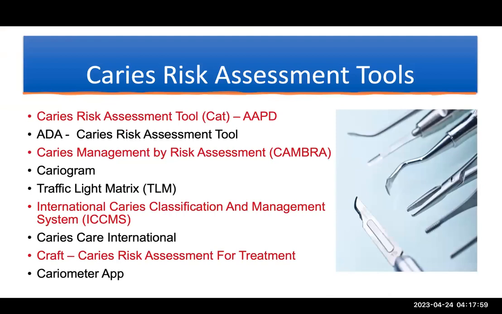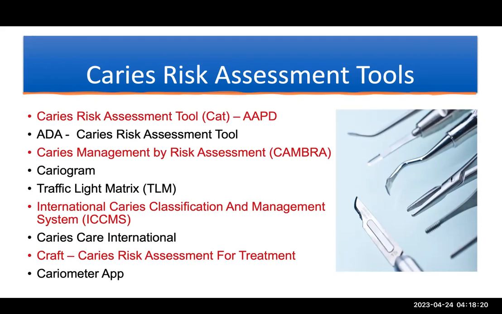So, if I try to find out the list of caries risk assessment tools available, the list goes to more than 35 tools. I will not be able to cover all of them. I'll be covering a few of them, but I'll be mentioning some.